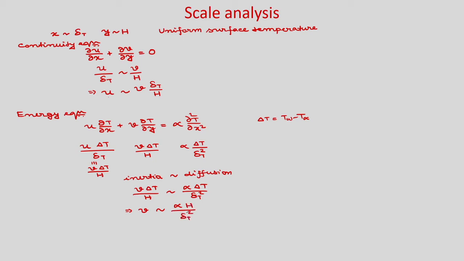So, we have found the scale for v, and similarly from this equation you can find the scale for u. So, u will be alpha H by delta t square times delta t by H. So, u scale will be alpha by delta t.